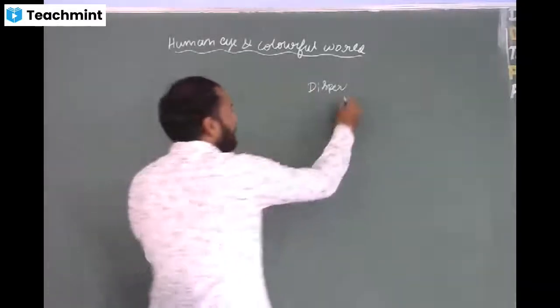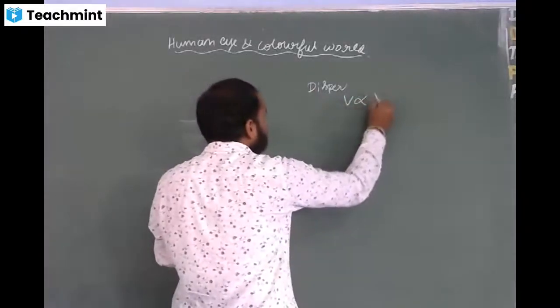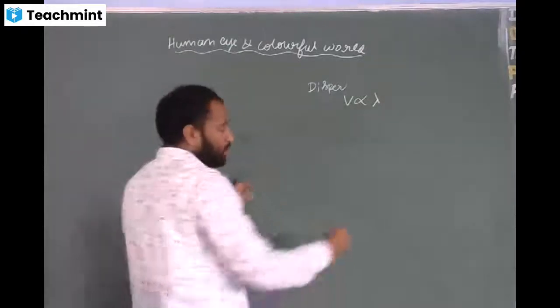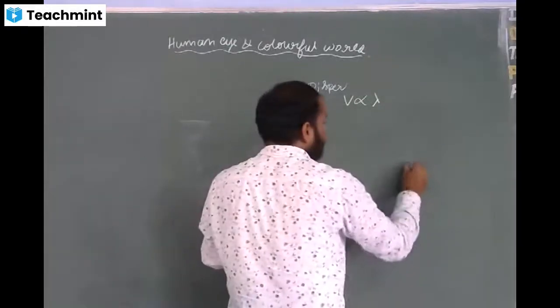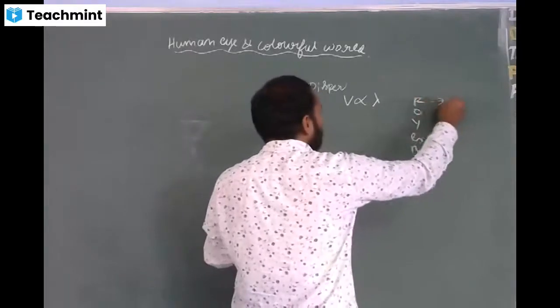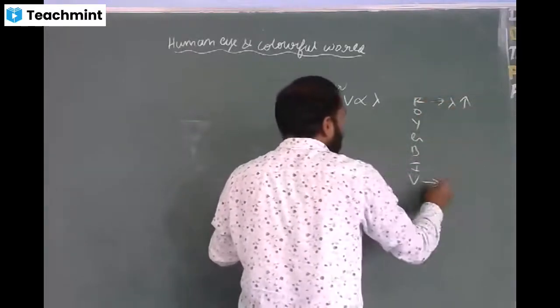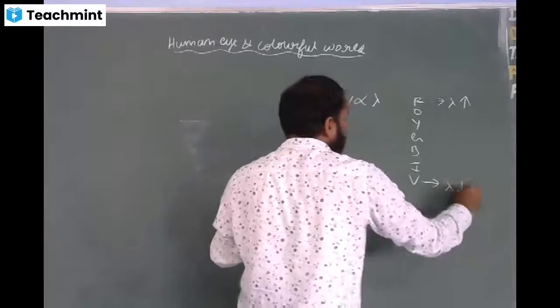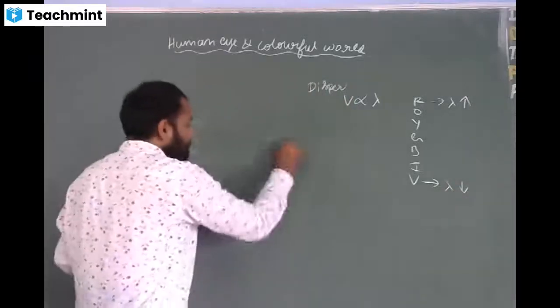I said the speed of light is directly proportional to lambda. So I'll write VIBGYOR. Red wavelength is higher, violet has a shorter wavelength. This is the prism.